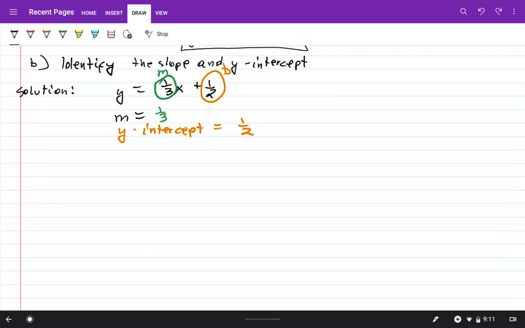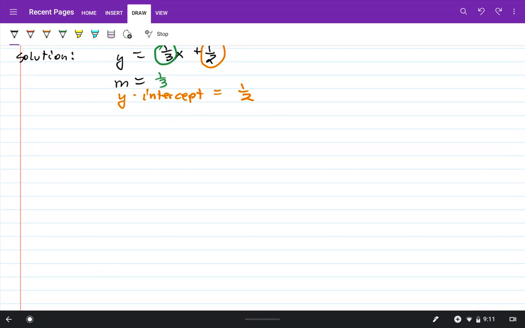Okay, let's do example 3. In example 3, we're going to talk about graphing a line using slope and y-intercept.